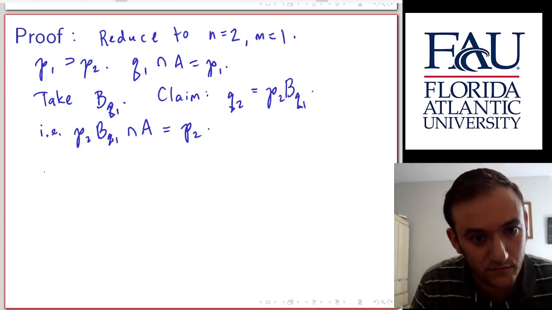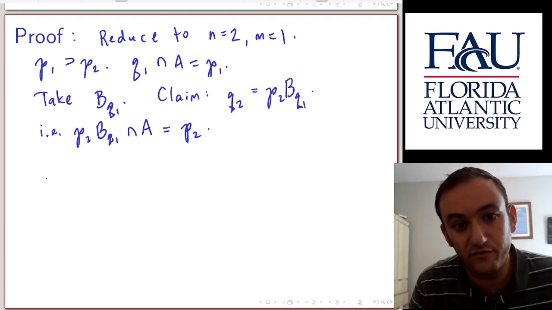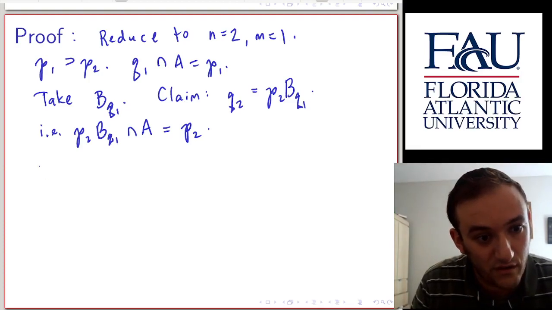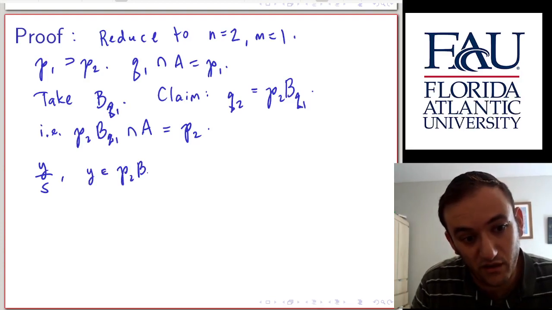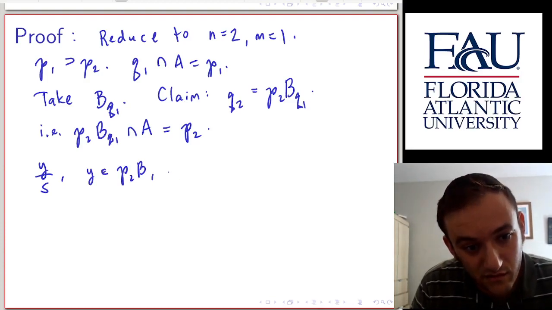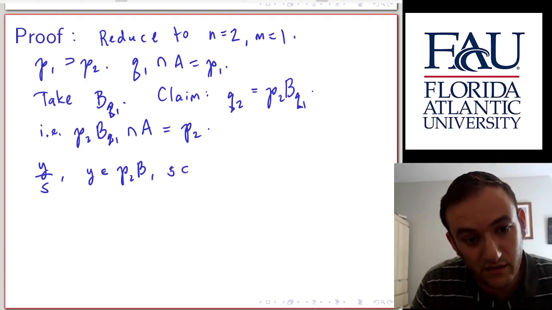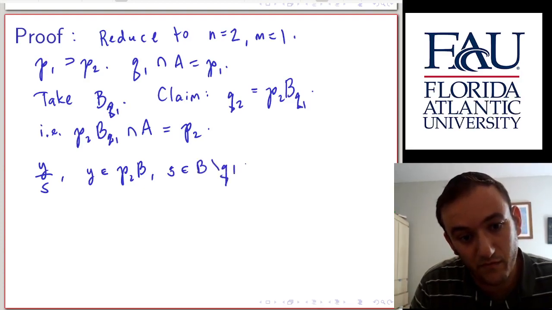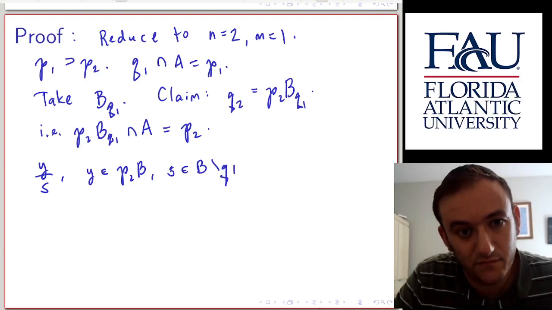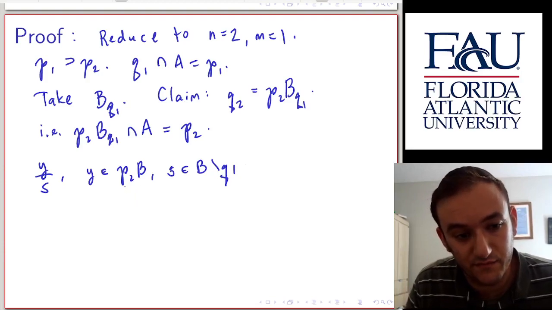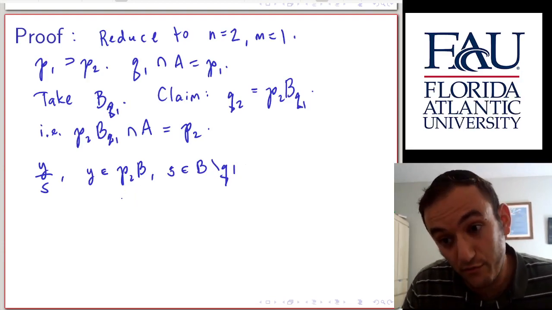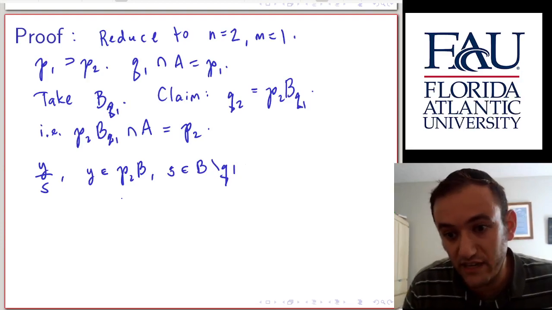So let's take an element of P2 BQ1. So we have y over s, where y is in P2 B and s is in B minus Q1. Okay, we saw that the radical of an extension of an ideal is equal to the integral closure of the ideal.